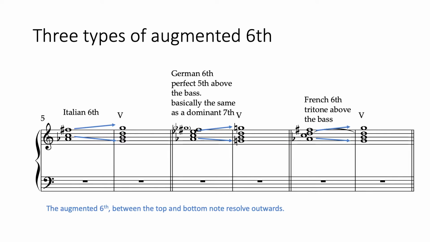And then we have a French sixth. A French sixth is again exactly the same as the Italian sixth, but this time we add a tritone above the bass. And that tritone anticipates one of the notes in chord 5. It anticipates the fifth of the dominant chord.